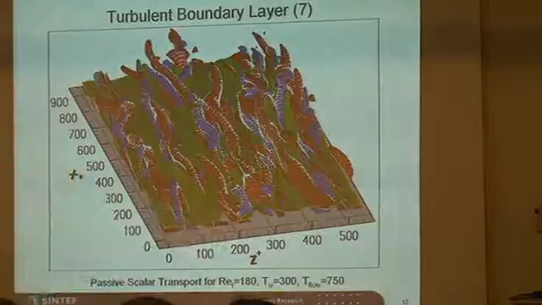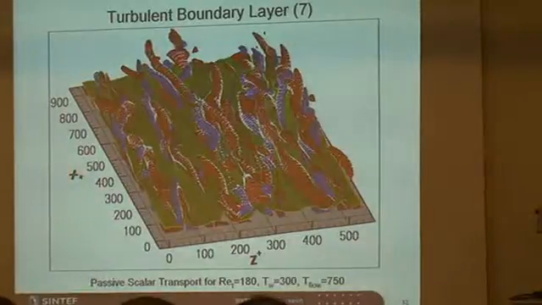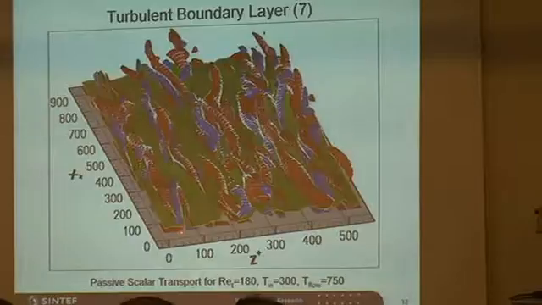In the case of the passive scalar, obviously these vortexes take the passive scalar away from the wall in the ejections and close to the wall in the sweeps. This phenomenon is very well known, and it acts on passive scalars too, and it has been studied for a long time.